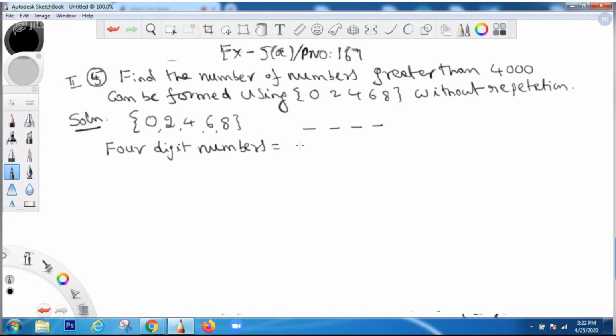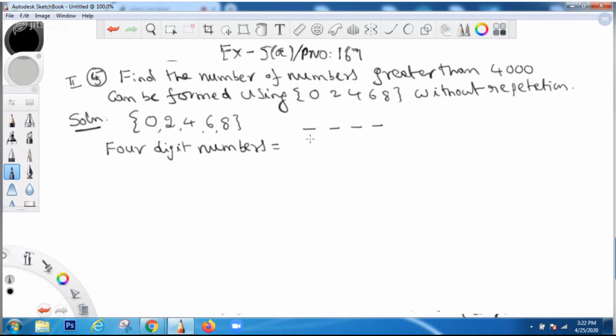But here the number should be greater than 4,000. This is the units place, this is the tens place, this is the hundreds place, this is the thousands place. If I keep 2 here, it becomes 2,000. If I keep 4 here, it becomes 4,000.